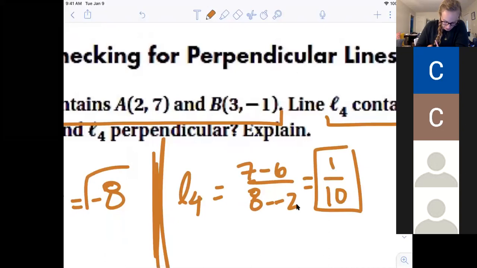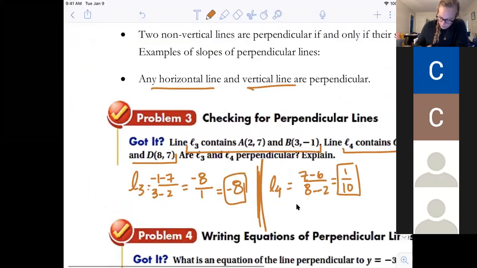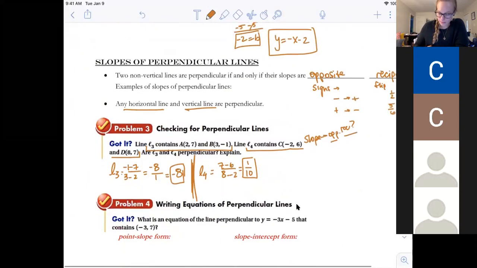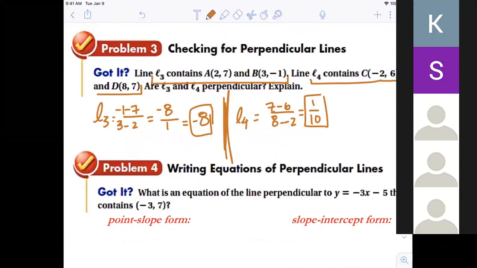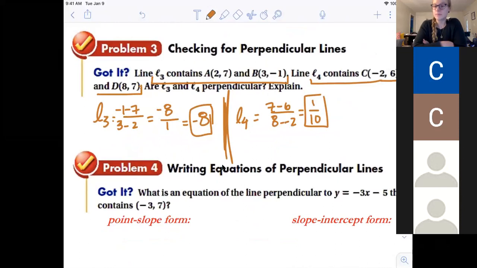All right, did you find your slopes? Are these lines perpendicular? No. Why not? Because -8's reciprocal is 1/8 positive.